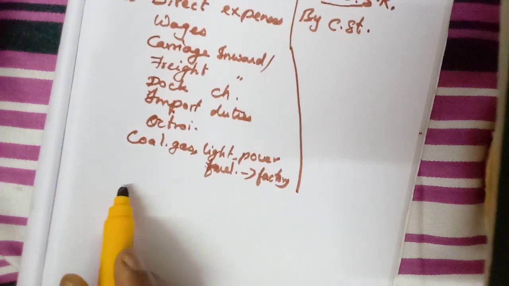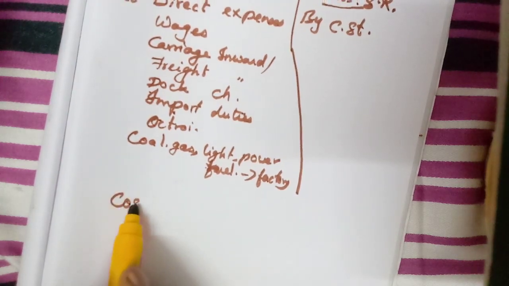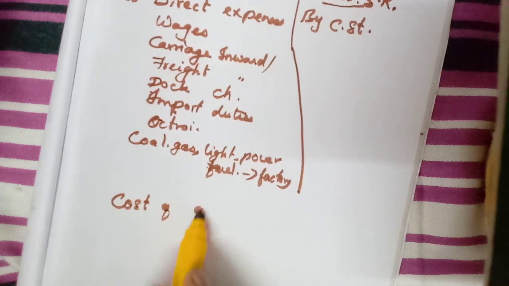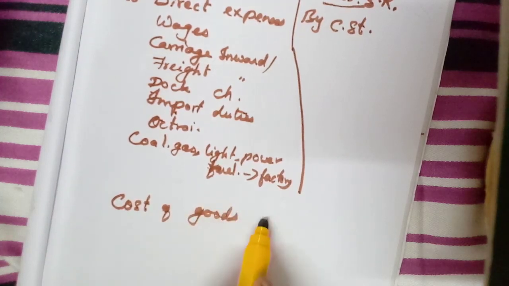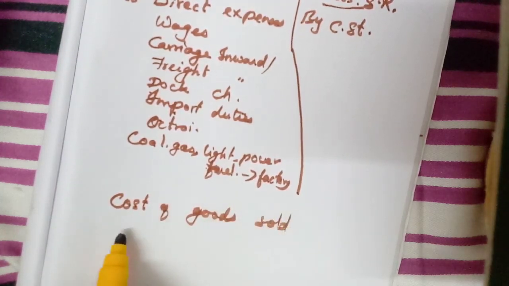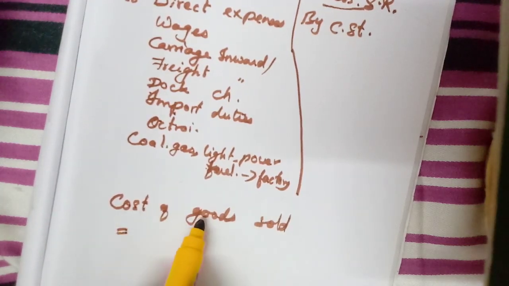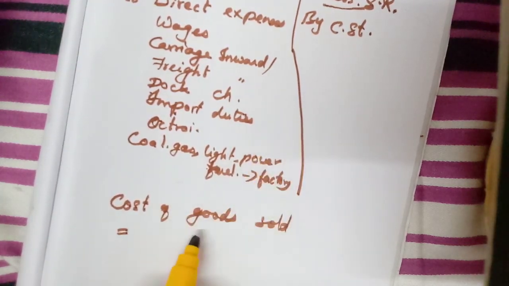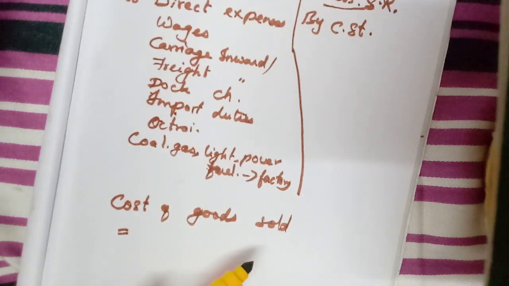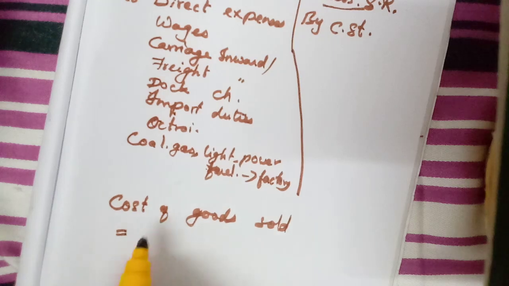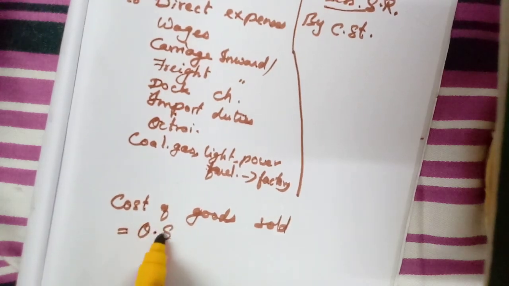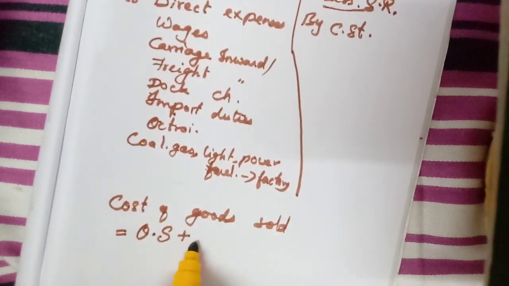Here we have to calculate the cost of goods sold. What is the cost of goods sold? If we deduct this cost of goods sold from the net sales, we can find out the profit. So first we need to find out the cost of goods sold. For that, we can take opening stock, add purchases.